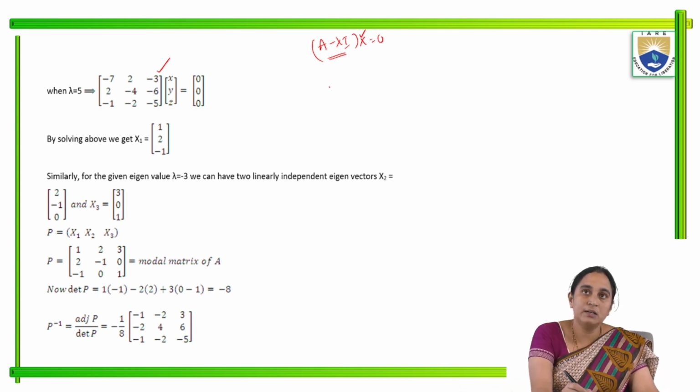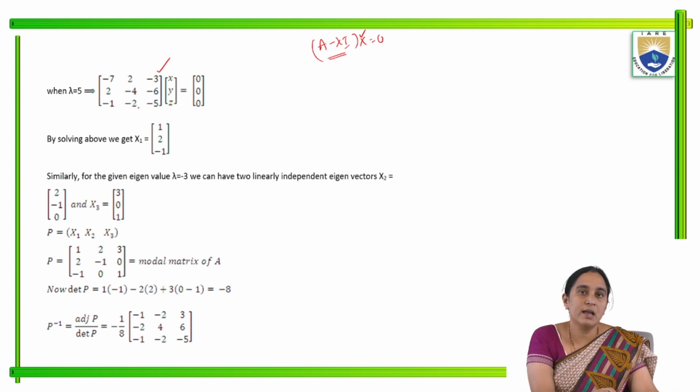After writing it like this, I'll write it as one. Here, after getting this, reduce the matrix to echelon form. Easily we can then get the unknown values of x, y, z.